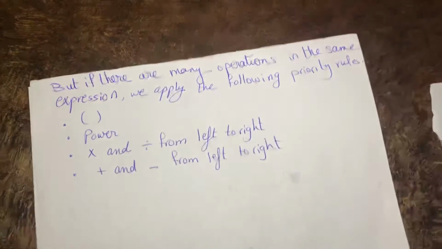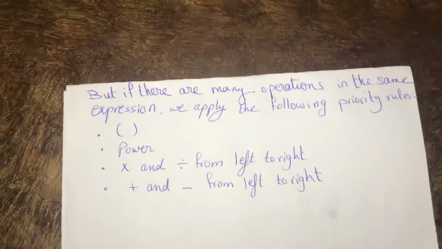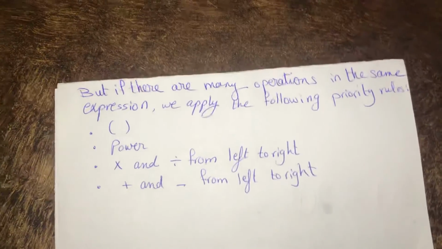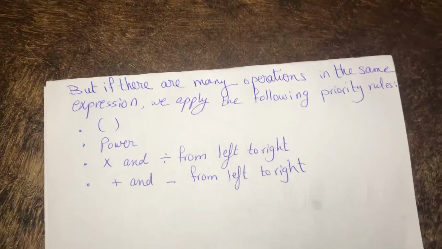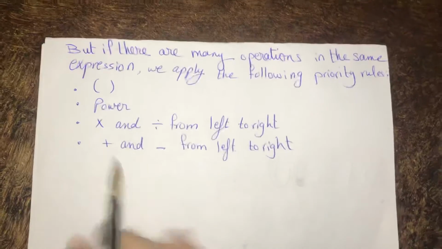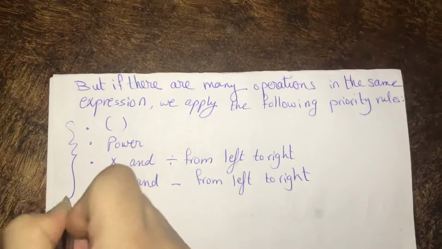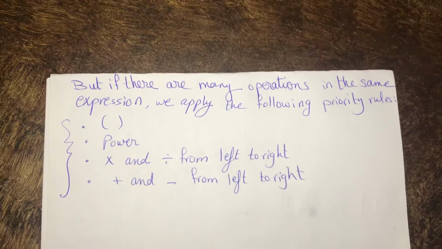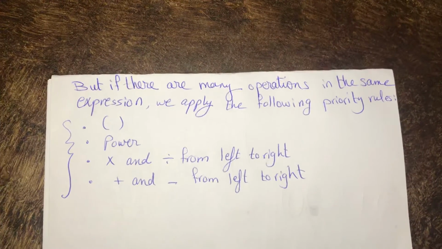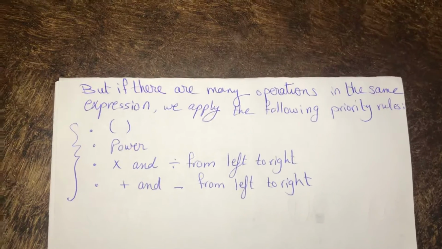If you have many operations in the same expression, what do you do? You have to apply the following priority rules. These are the important steps to solve an expression that has many operations, okay?